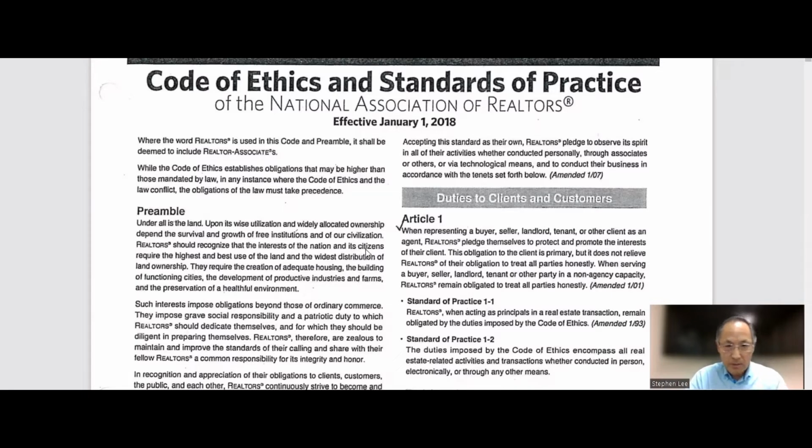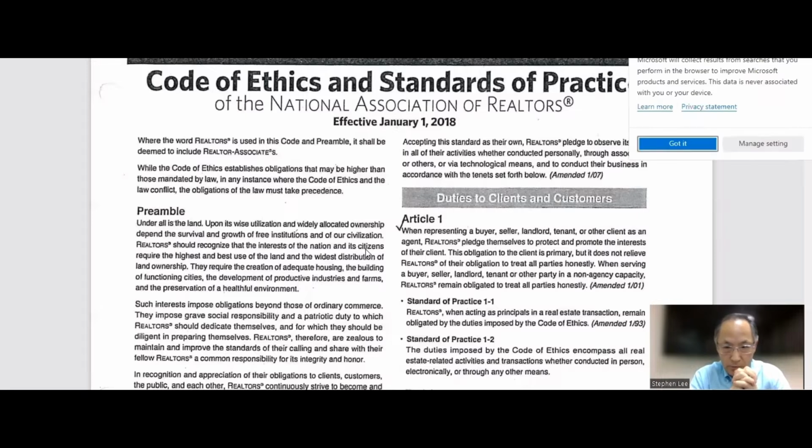The general public is sometimes confused about real estate agents and realtors. Not all licensees are realtors. The realtor group is similar to a union in the United States. There are about 1.4 million realtors in the US, but again, not all real estate licensees are realtors. So realtors are a different group.